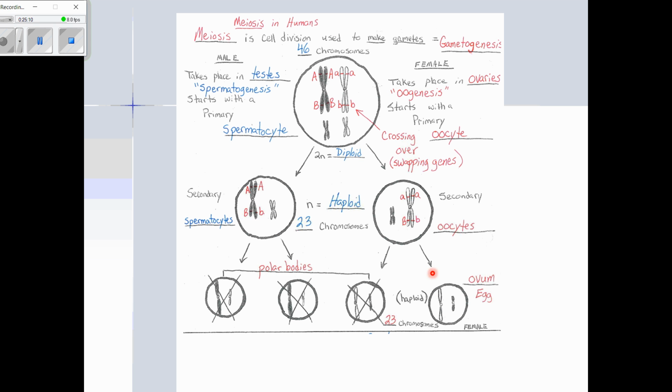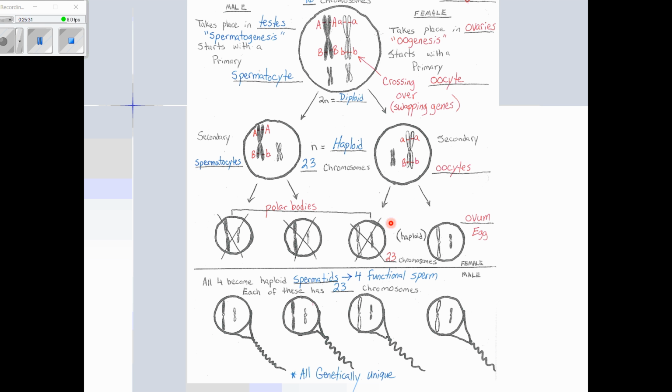Now, back to the male side of things. Remember, the same process happens in men. The primary spermatocyte divides to make two secondary spermatocytes. And then those two secondary spermatocytes divide again. So in men, we're going to end up with 4 cells. But in men, all 4 of these cells typically survive.